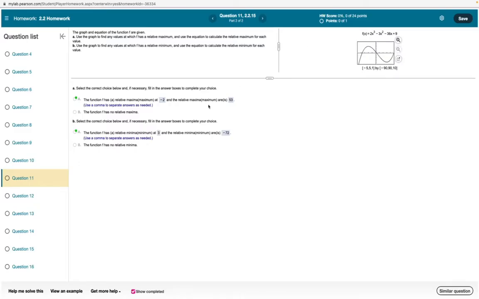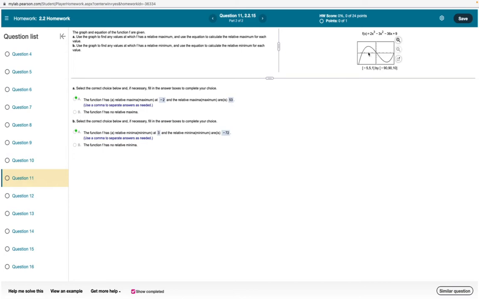So I just want to make sure I was giving you the right information, so I looked at an example. So this problem, the way it's written, so it says relative. The function has a relative maxima at -2. So -2 is going to be your x. And the relative maxima or maximum is 53.